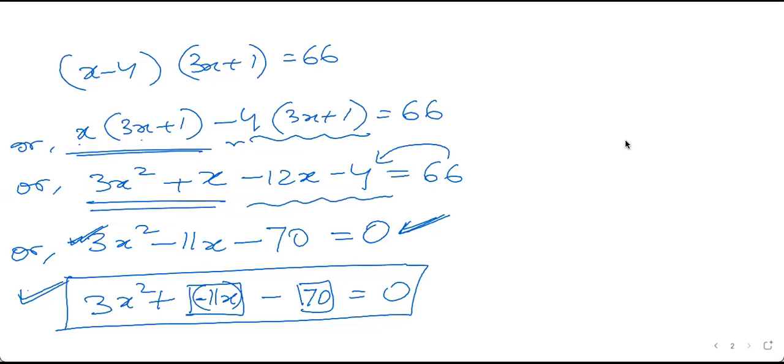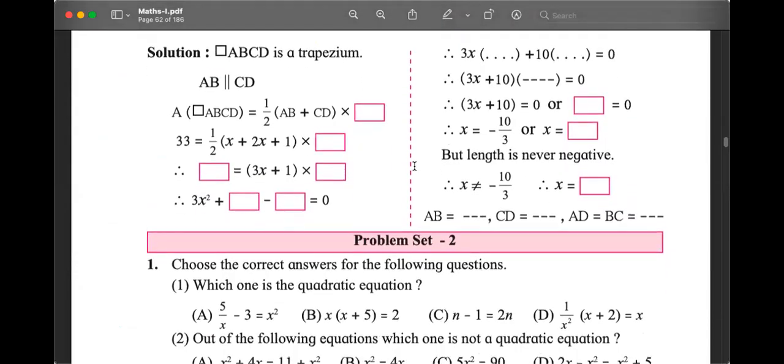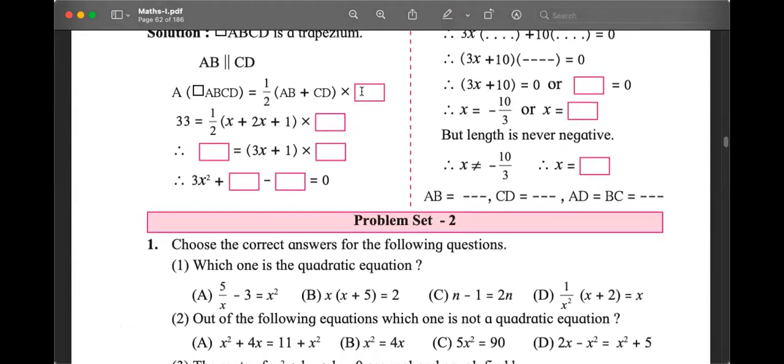To solve, when we write the answer to this kind of question, let us go back to the textbook and I'll tell you how exactly we need to fill it. Pay attention. So it starts by saying quadrilateral ABCD is a trapezium, and we write area as AR.